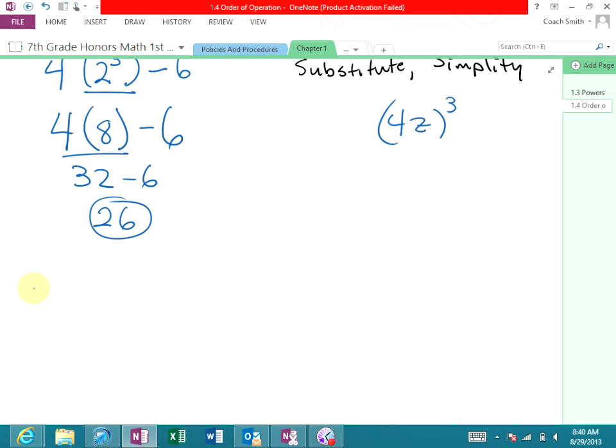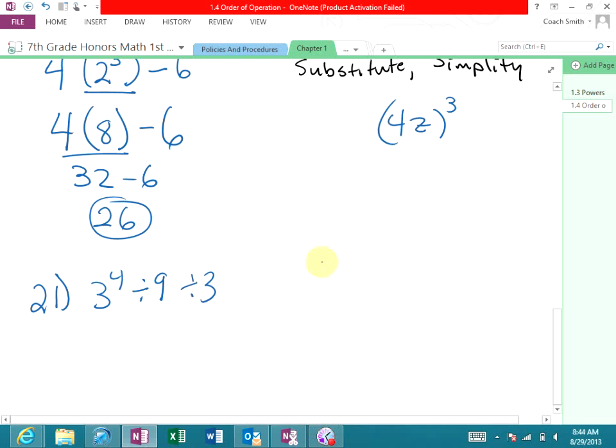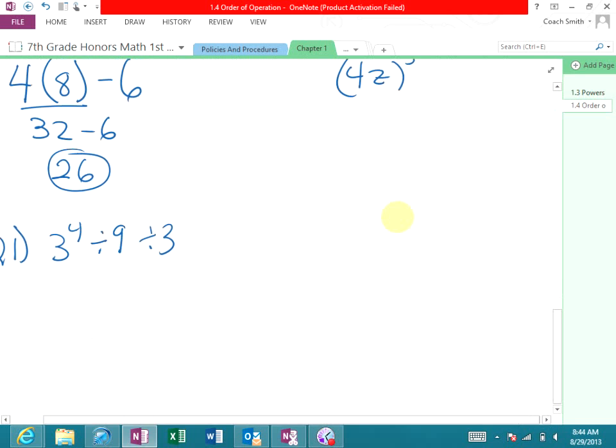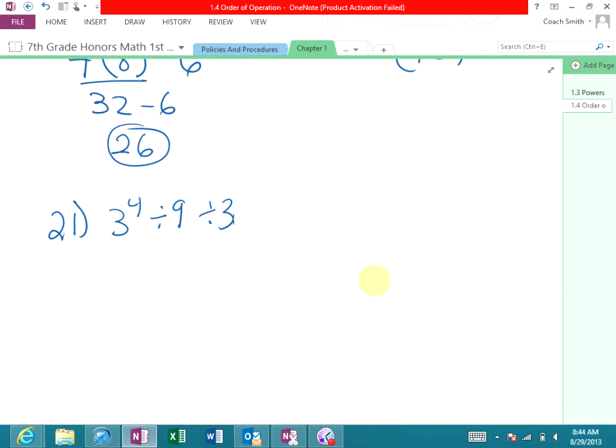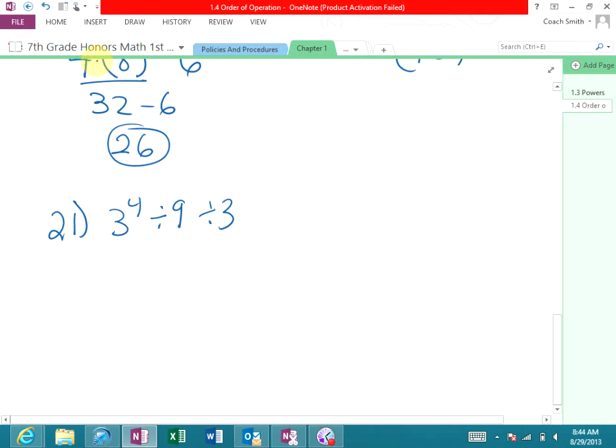All right, we're going to do problem number 21. Problem number 21 says 3 to the 4th power divided by 9 divided by 3. Not yet. All right. So when we do this, the first thing we do, Derek, is what? Do the exponent. So 3 to the 4th power is the exponent.